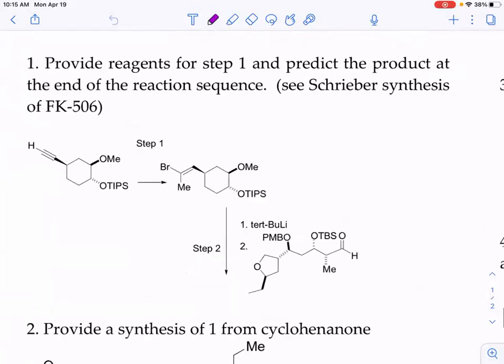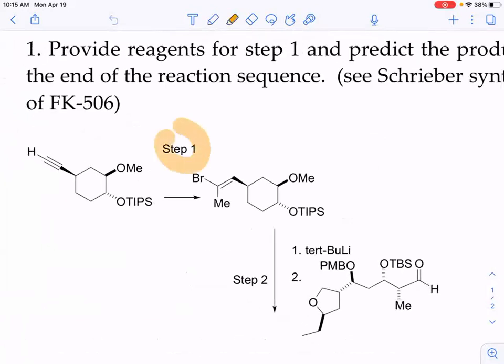So the reagents here for step 1 would be how to convert this alkyne into a vinyl bromide, right? And you also have a methyl group here. All right, so that's the first part of the problem.